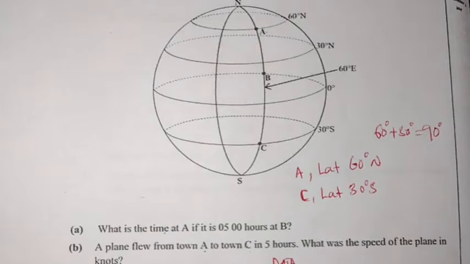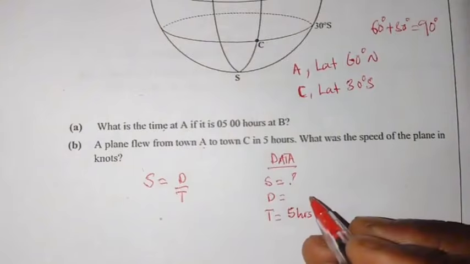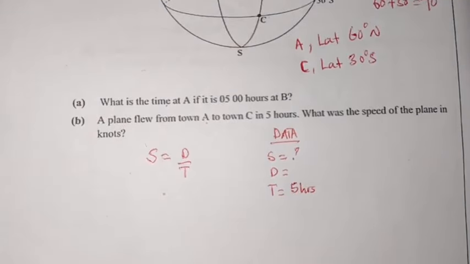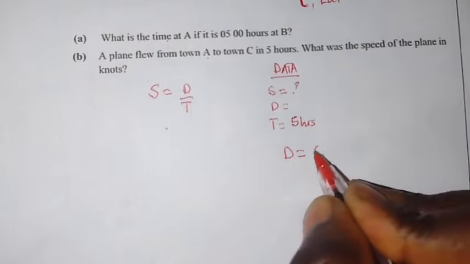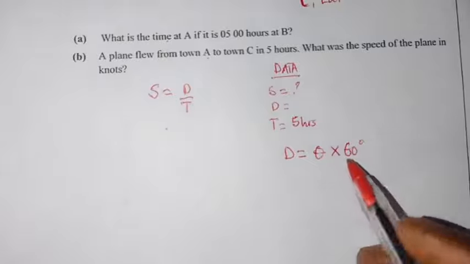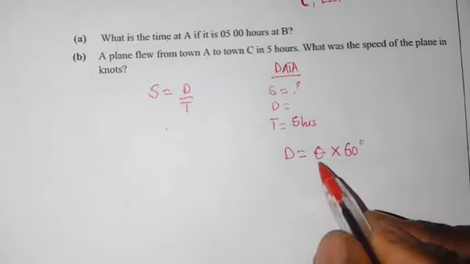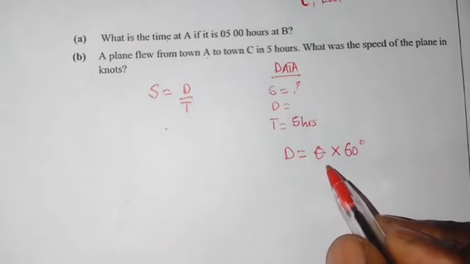So now we come back to our question. To find the distance between point C and A, we are going to say distance is equal to theta times 60. So theta times 60. Okay, so we normally use this formula if the radius of the earth is in nautical miles.